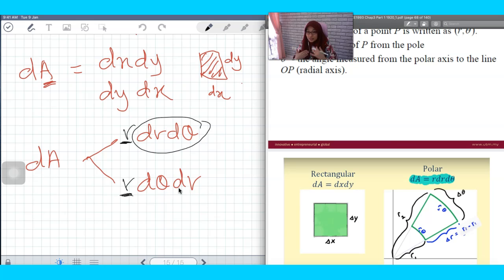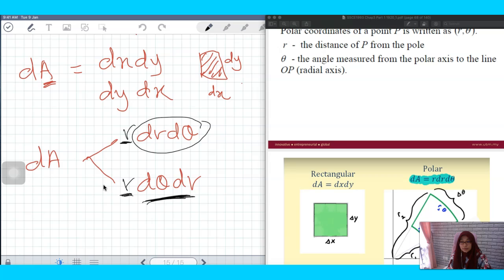You always use dr d theta instead of d theta dr. The latter is not common, not because it is complicated, but because the way of producing the limits is not as direct as with dr d theta. So normally you will always use dr d theta instead of d theta dr, but it is still possible to do it.